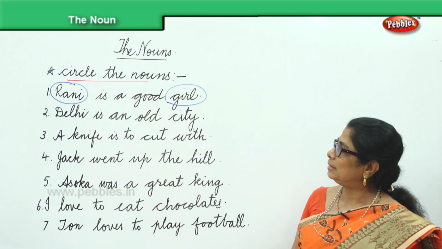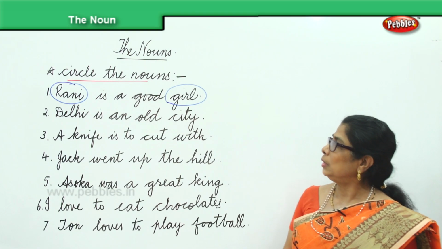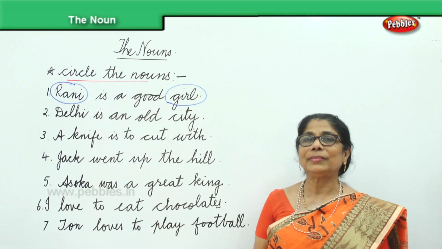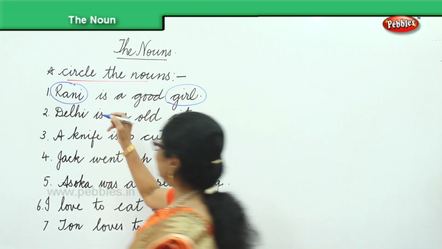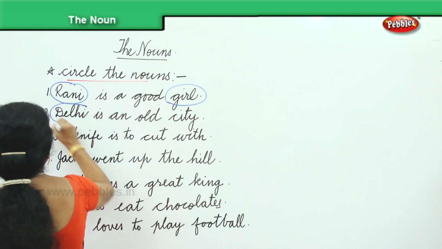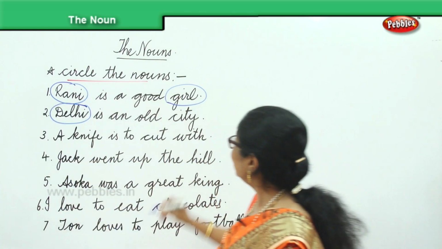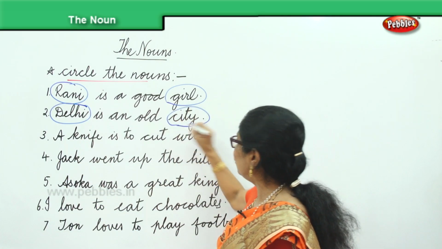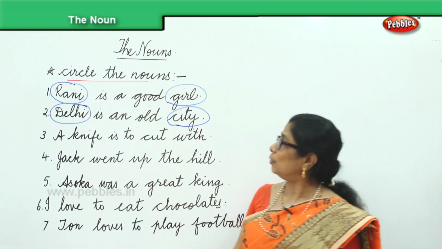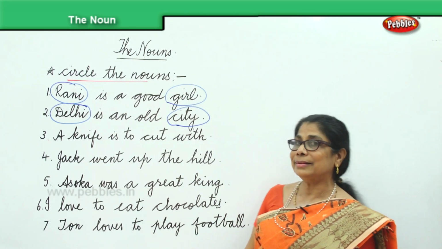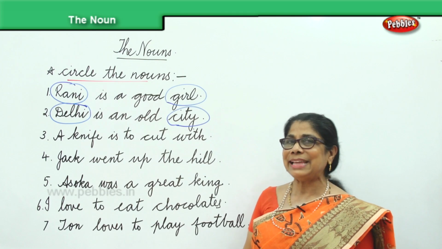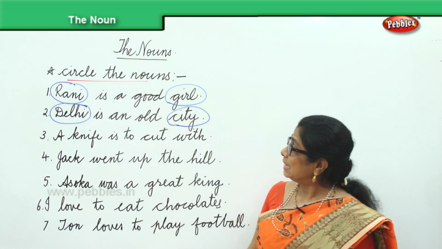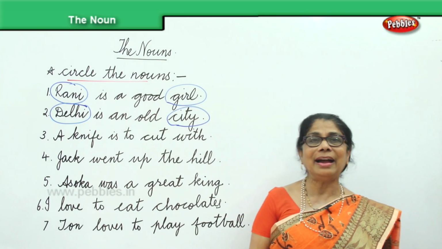Second, we have Delhi is an old city. Yes, very good. Delhi is a noun. Next, city is also a noun. So you have Rani is a good girl. Rani and girl are nouns. Delhi is an old city. Delhi and city are nouns.